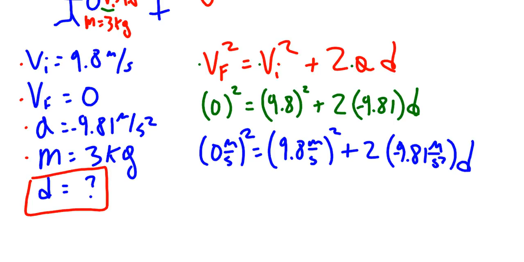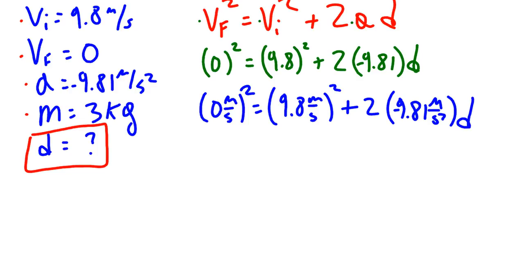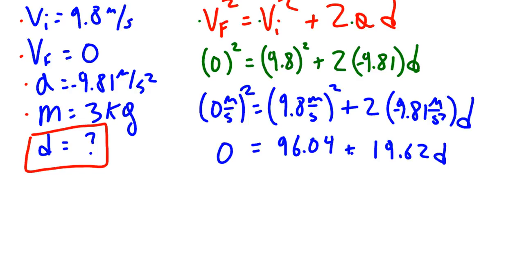So now I go about solving. Well, we know that 0 squared is 0. When I go ahead and do my 9.8 squared, I get 96.04. And if I do 2 times 9.81, I get 19.62 times the distance. Of course, that's a negative because gravity is negative.